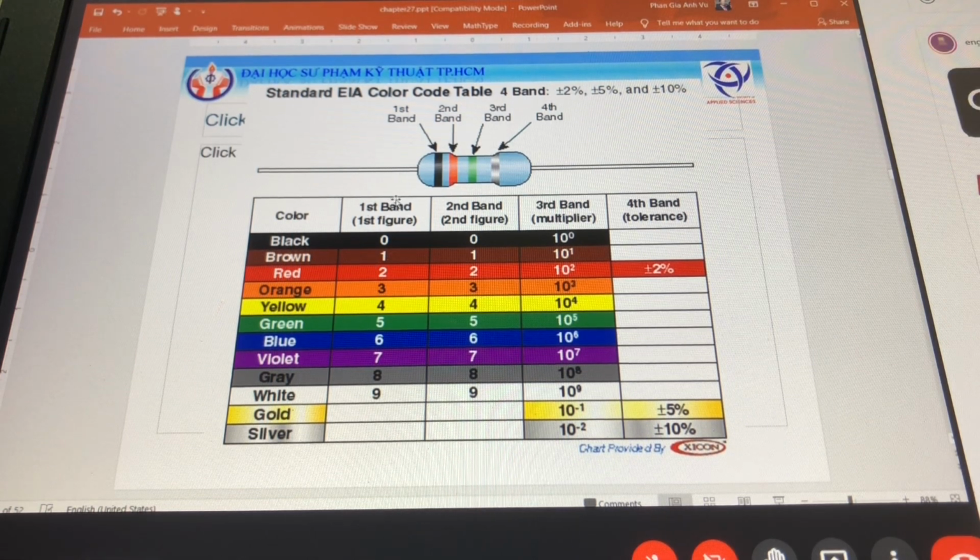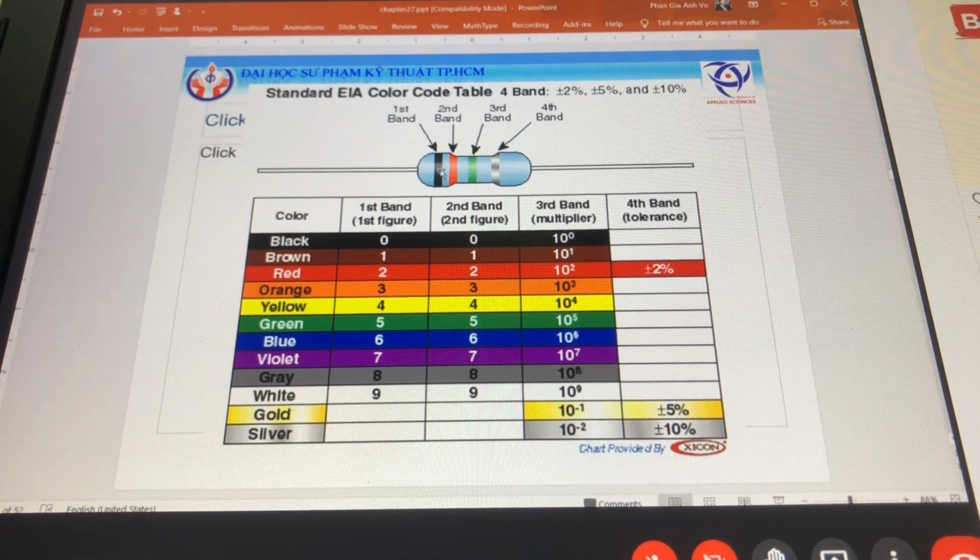So this is for the first band. For the second band, you will take the value, right? So the first and second band have the same kind of value. But for the third band here, you have to multiply the value from the first and the second band by the power of 10 of the color.